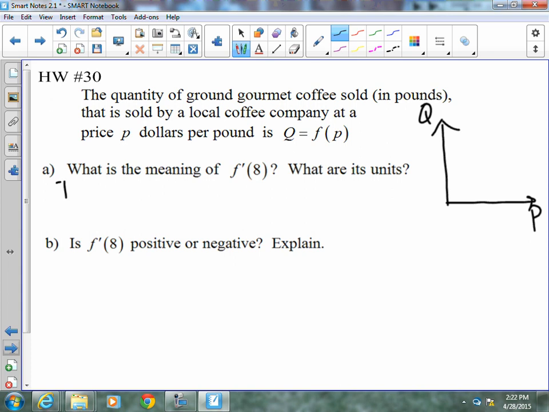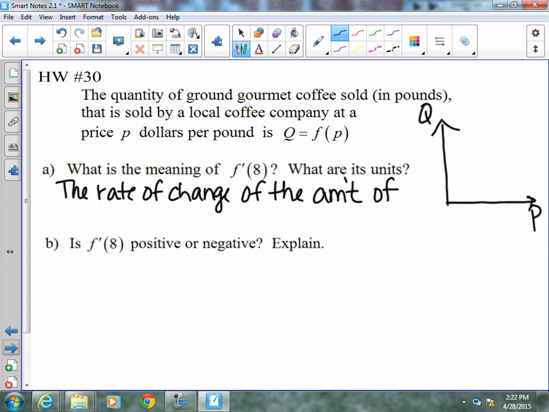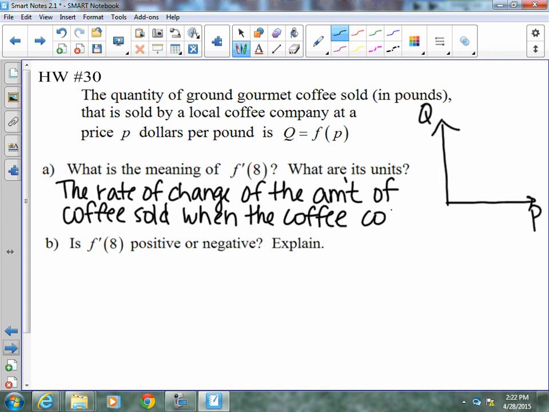The meaning of f prime of 8 is the rate of change of the amount of coffee sold, because that's our y value, when coffee costs $8.